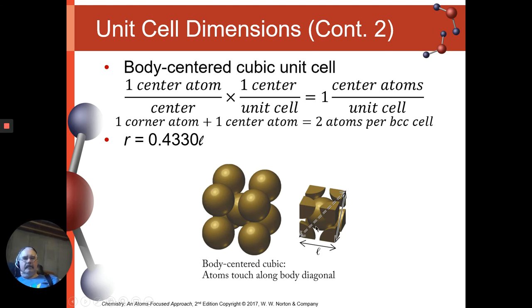Okay, and so the radius is the diagonal of the body, like this. It goes from one corner to the opposite corner, and then we can calculate that using what the radius is, using the Pythagorean theorem for a right triangle.